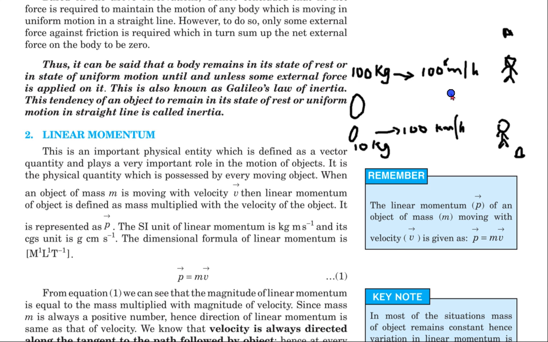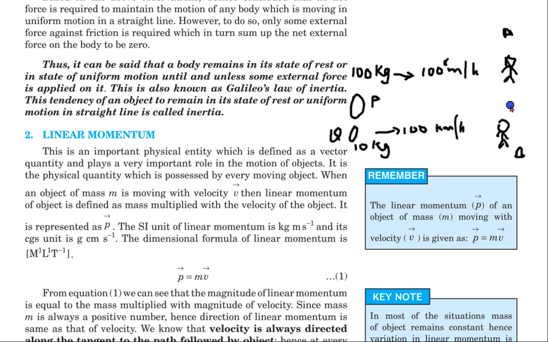So the question is, which object, let me say this is P and this is Q, will give more pain to a person: 100 kg moving with 100 km per hour, or 10 kg moving with 100 km per hour?